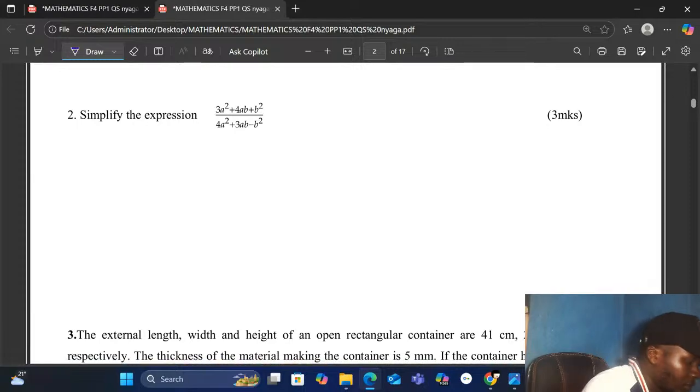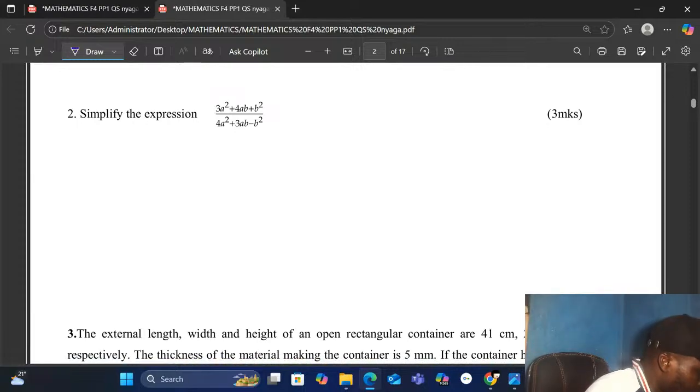We start by looking at the numerator. We solve the numerator first, and then we move to the denominator. So our numerator is 3a squared plus 4ab plus b squared.